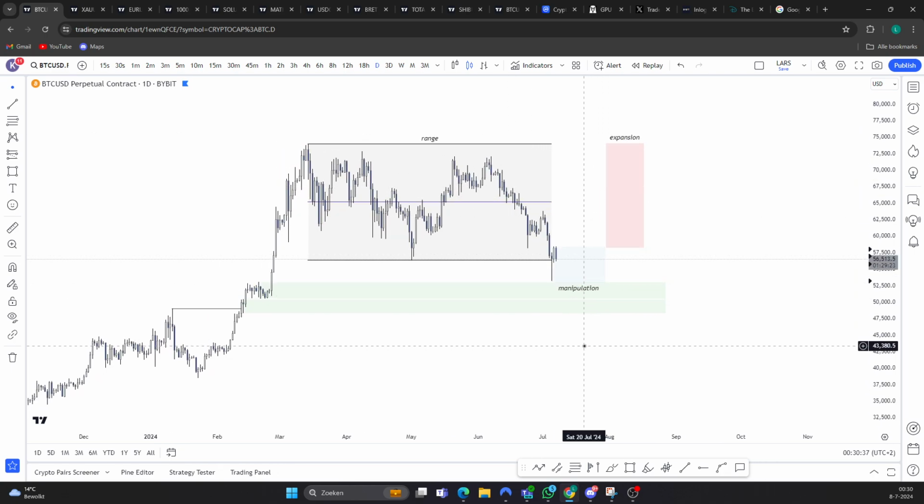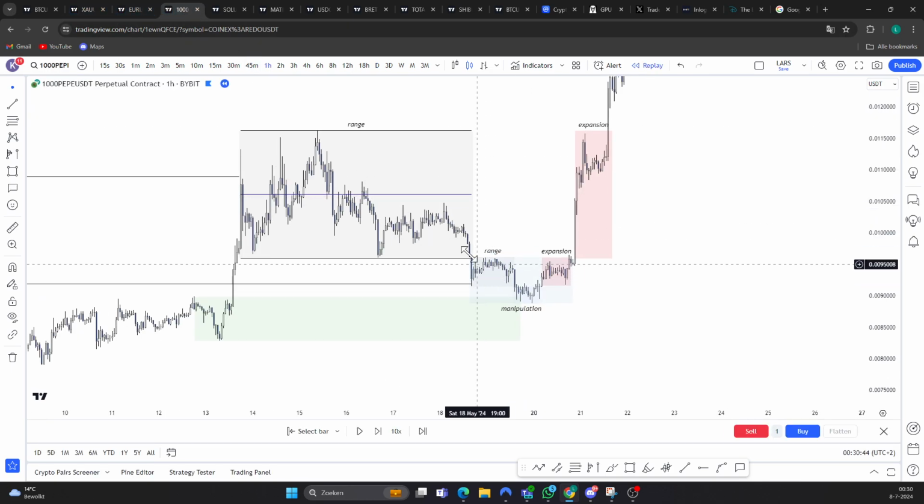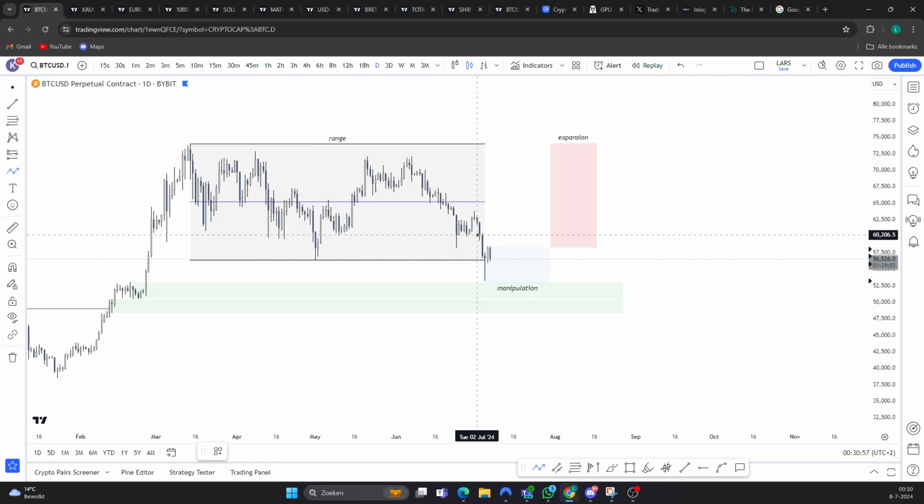So I'm like, what would screw most people? Well, I think what would screw most people, if we look at Pepe, is to have a deeper manipulation phase with that break, where the manipulation phase has its own PO3. So let's say this becomes the range, right? We go down, we go up. And then people will start looking for a manipulation phase in here. But then after ranging for a while, this range also breaks to the downside.